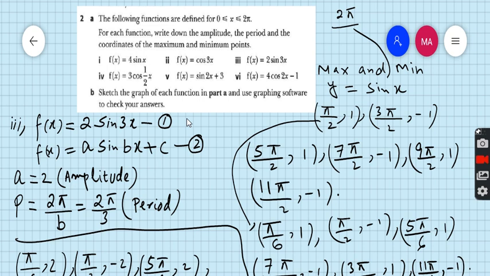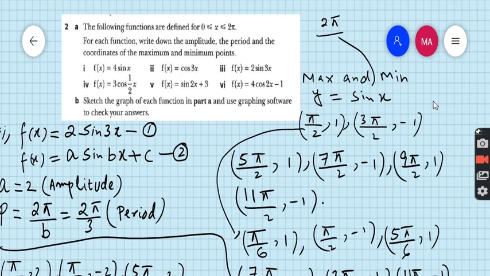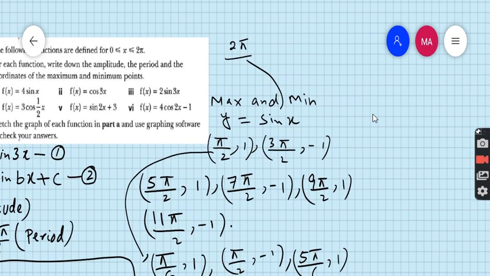The third requirement of the question is the coordinates. Find the coordinates of the maximum and minimum points. This is very important. Many students are confused about finding the maximum and minimum points. The easiest way to find the maximum and minimum points of sine or cosine is, first we have to write the maximum and minimum values of the general function y is equal to sin x.